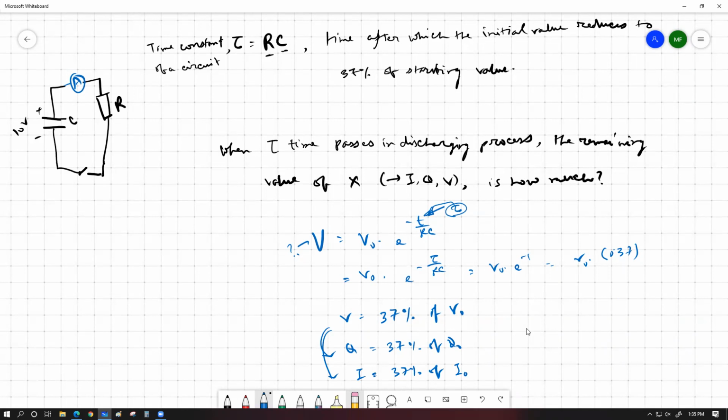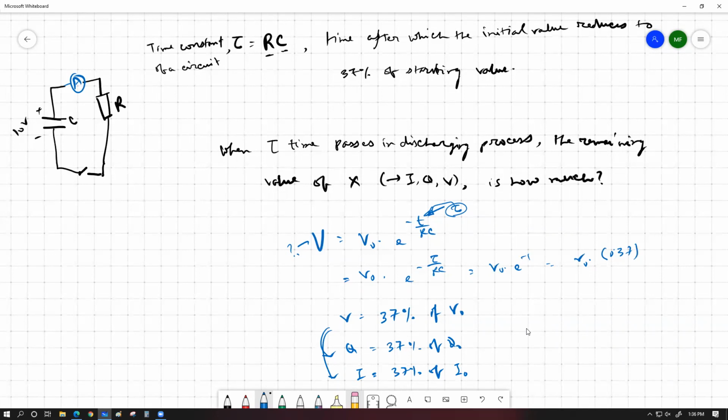If you just use a calculator and use e to the power minus 1, the constant e is on the ln button. If you look at your calculator, there is a yellow e to the power x written over here. If you press shift ln, you're going to get the e sign in your display, and then you write minus 1, and that gives you 0.3678 something. Rounded to 2 SF, we get 37%.